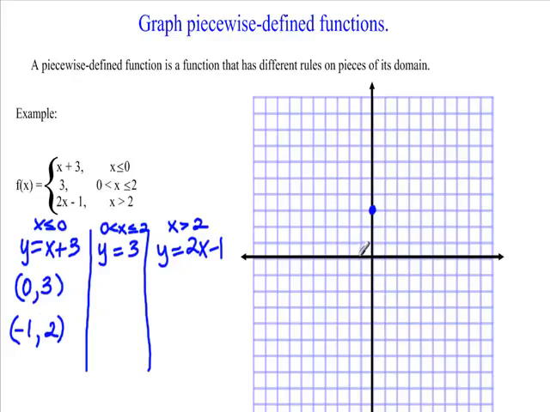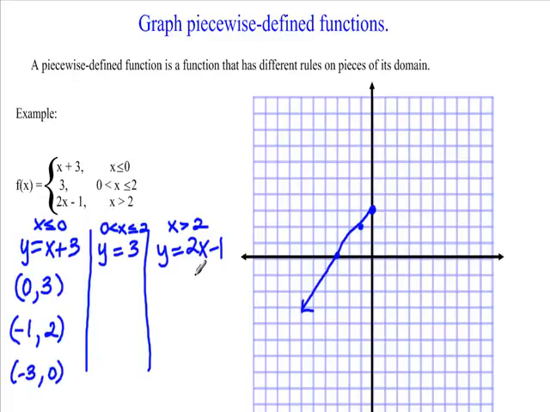Now if you wanted more points less than 0, you could certainly include them. Like if I put in negative 3, negative 3 plus 3 is 0, so that gives me another point there. So this piece is a piece of a line that is only defined for values that are less than or equal to 0. I can't extend it beyond 0 because that function rule does not apply there.